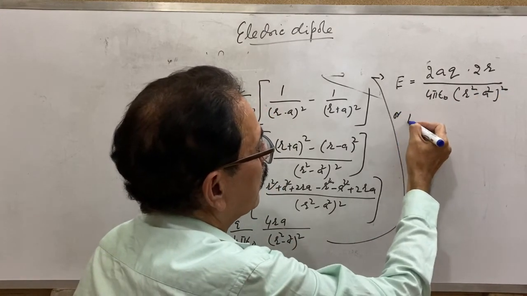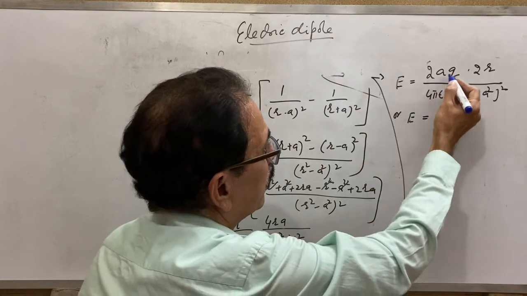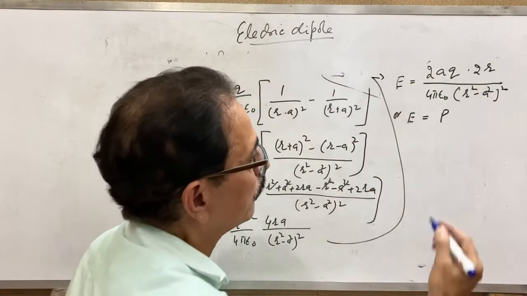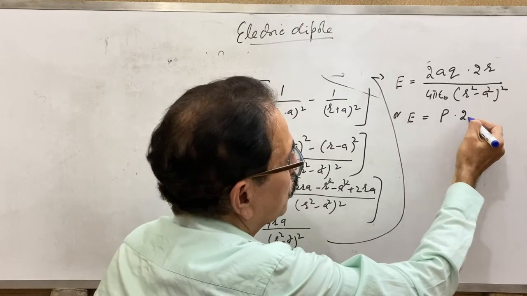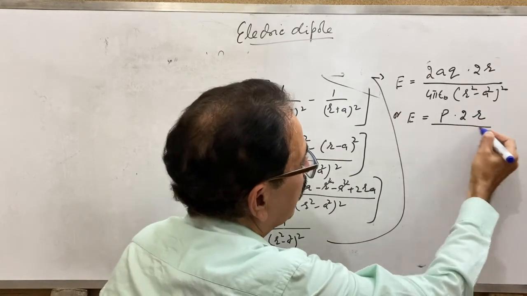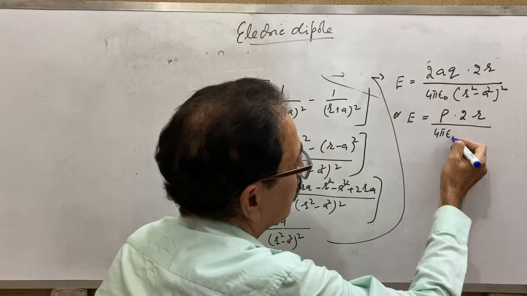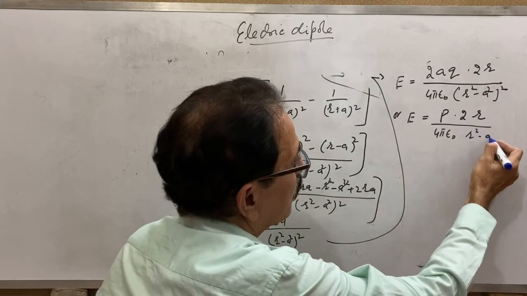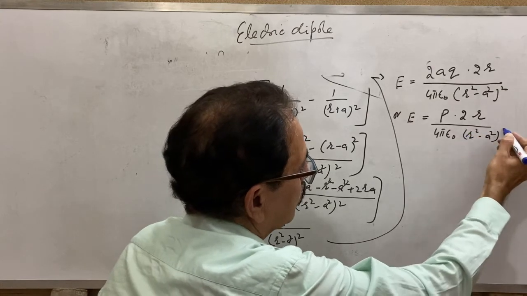Or we can write E is equal to 2aq, which is nothing but P, the electric dipole moment which we have defined previously, into 2 into r divided by 4 pi epsilon naught r square minus a square whole square.